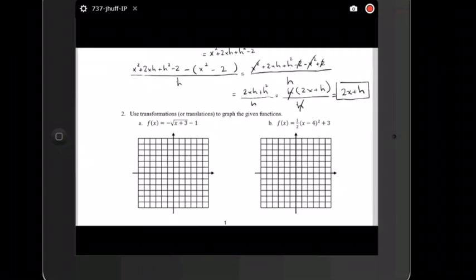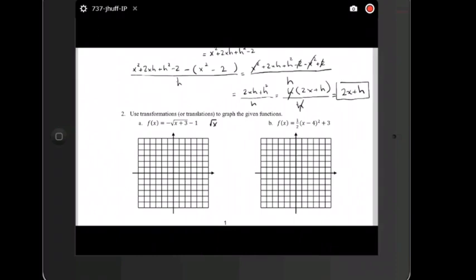Okay, question 2 is later on in chapter 2, transformations of functions. It is really based on how well you remember what parent functions look like. For example, the square root of x originates at 0, 0 and comes over like that.